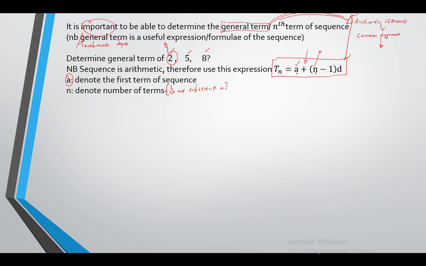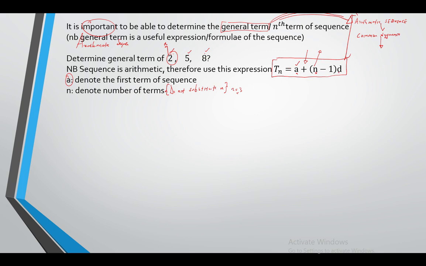We know n denotes the number of terms, how many terms. You can make a mistake of saying n is 3, because there are three terms: 2, 5, 8. If you are looking for a general term, don't substitute n. Just leave n as it is.